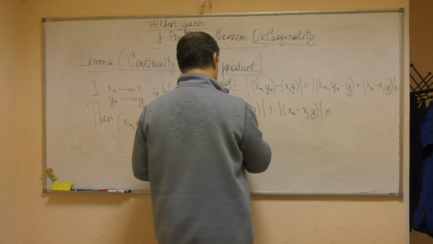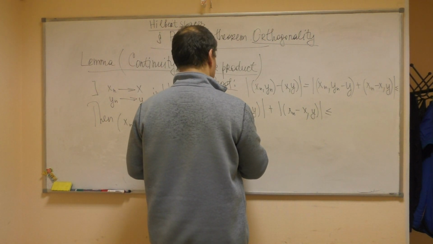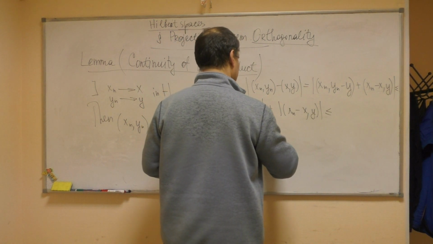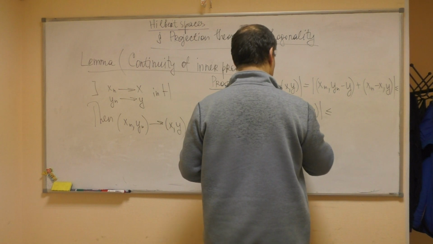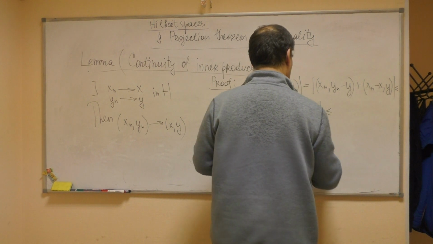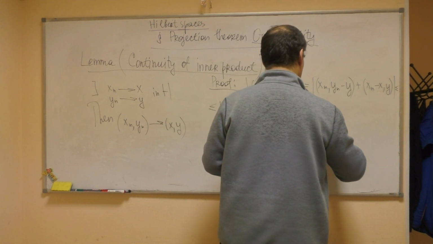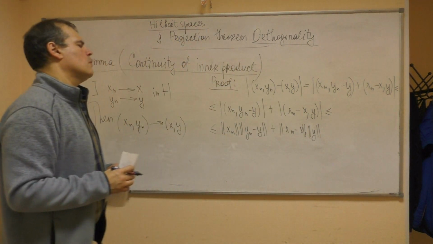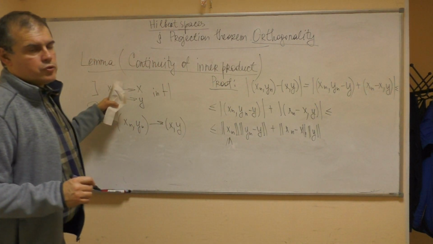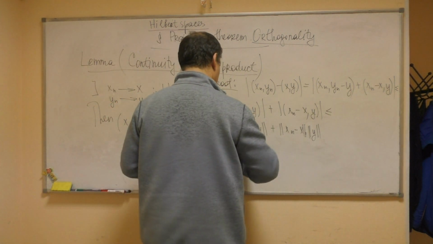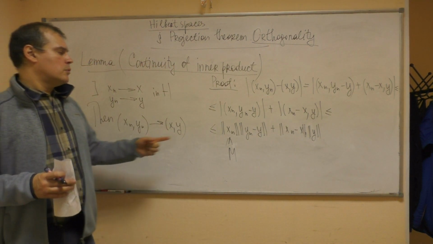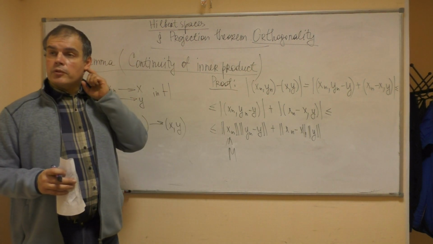In both terms we apply the Cauchy-Bunyakovsky-Schwarz inequality. The sequence x_n converges, so it's bounded. So we can estimate each element of the sequence by some constant.